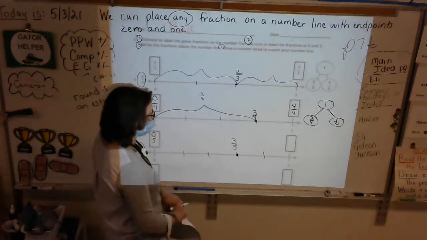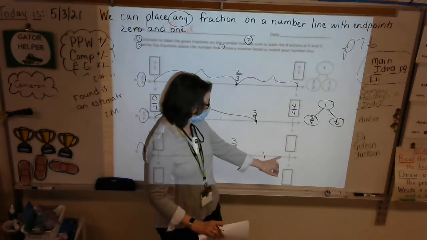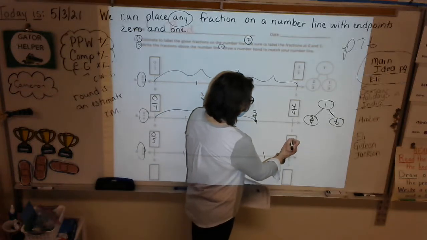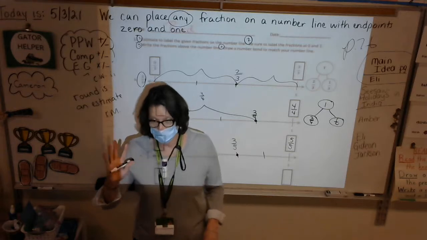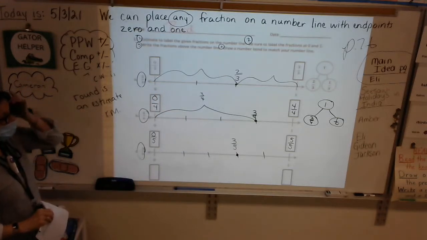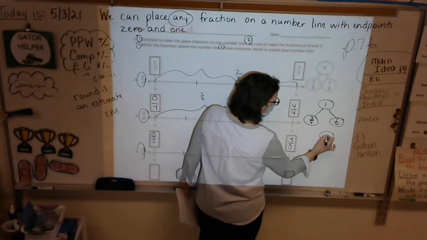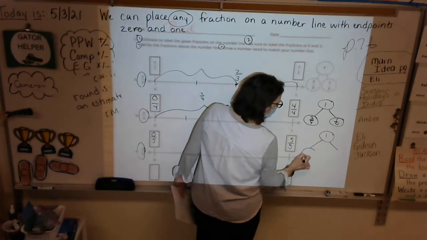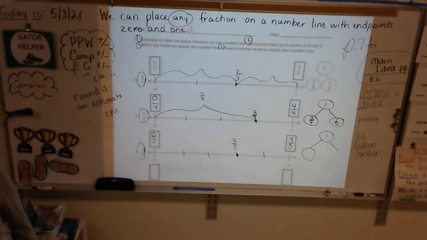Okay, if we keep going, remember we have to label our whole number fractions. This would be 4/5. If the whole number 1, we would have 5/5. Why? Because we counted all 5 parts on our number line. And now our last thing we need to do is show how we decompose the number line. First, we counted how many fifths.